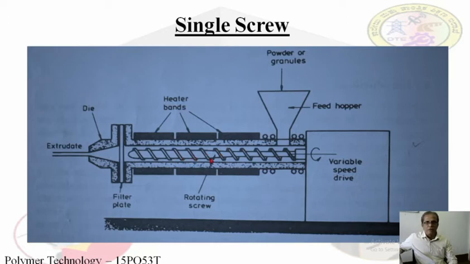Due to more compression and the heat supplied from outside, the material will be completely homogenized and melted properly. Then it will move into this die region. So now I think you understood what is a single screw extruder.